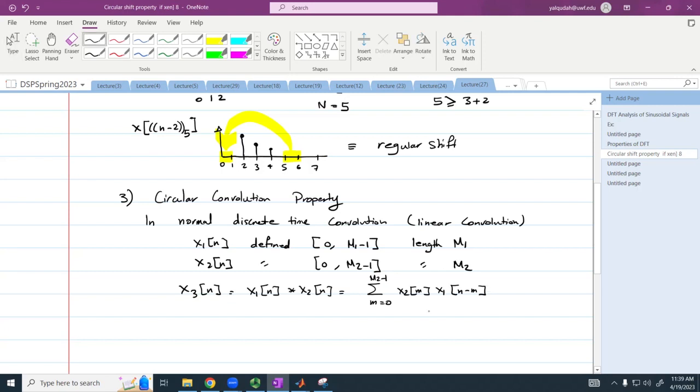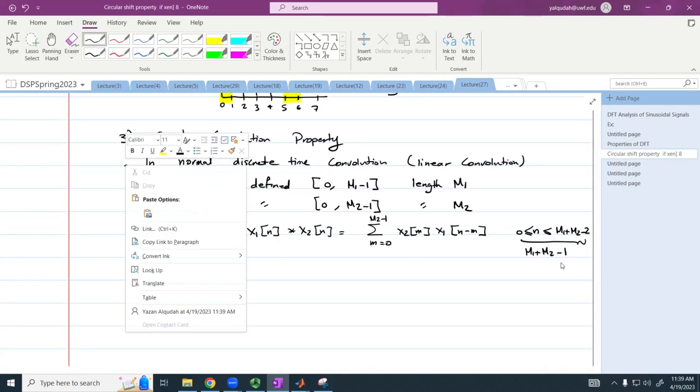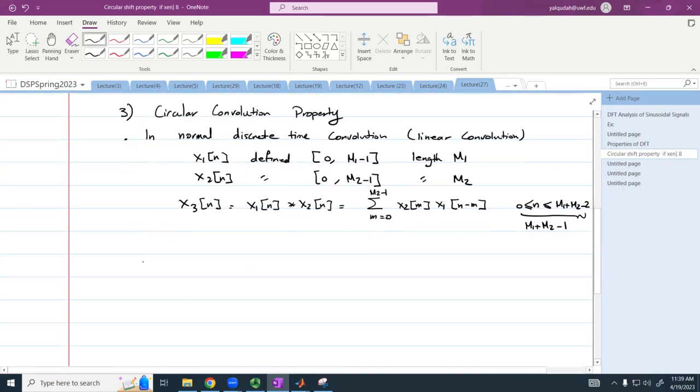We're going to do that for n between 0 and M1 plus M2 minus 2. So the overall length is going to be M1 plus M2 minus 1. This is the linear convolution, and I think we've probably done an example at the beginning of the course on that, and we'll do another example in a minute.